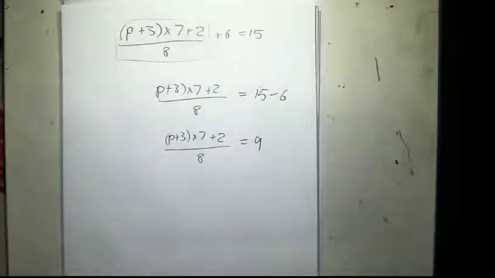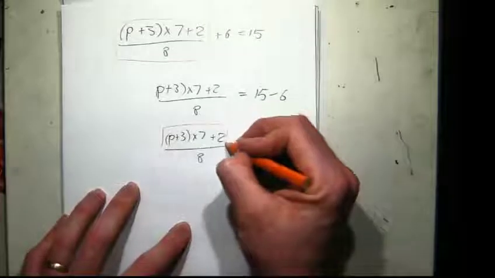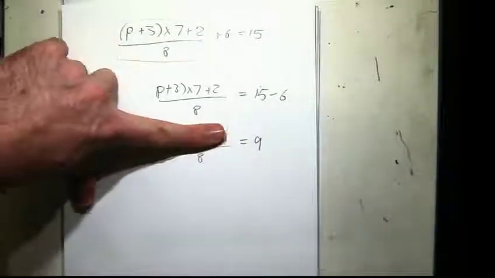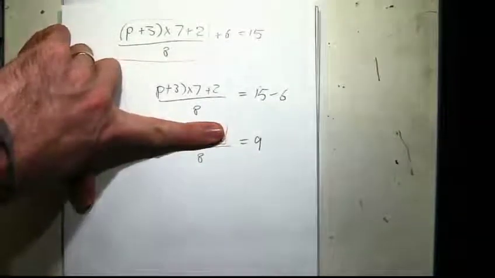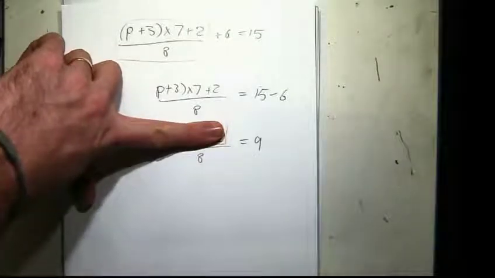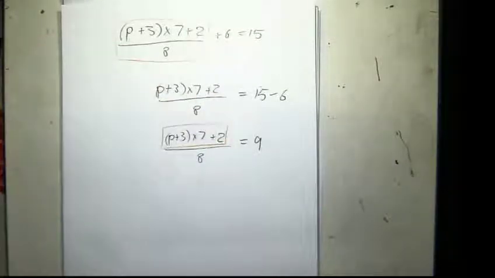Now I can say, all of this got divided by 8 to produce the number 9. So if I divide it by 8 to produce the number 9, I should times by 8 to do this backwards.